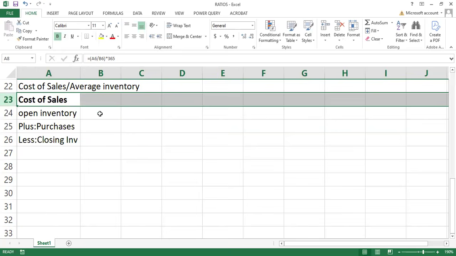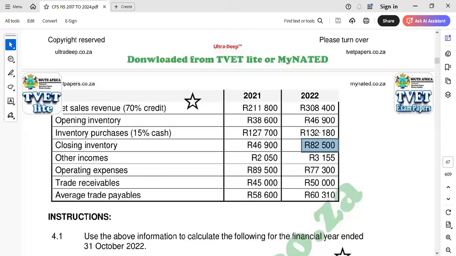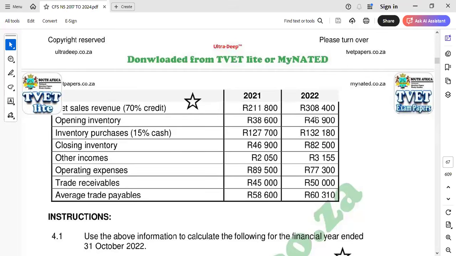Now, let's quickly go there. The opening balance for inventory is this 46, followed by purchases and less the closing.